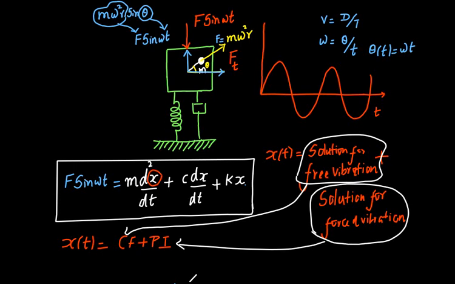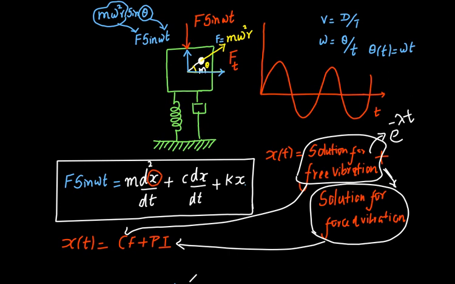The second question that you will be asking: adding the free vibration solution to the forced vibration system, don't you think that it will affect the response of the system? Well, it's not going to, because this solution has an exponentially decaying term, lambda e raised to the power minus lambda t.